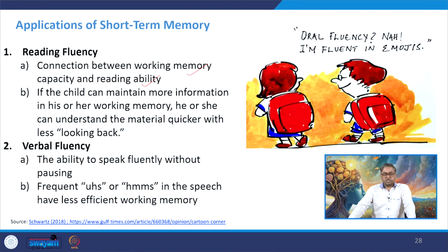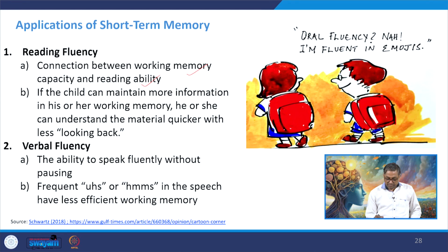Once this is flawless, once an individual has large working memory capacity, reading fluency becomes better and better. This can be enhanced with practice. The more an individual reads, the more information he can hold in his working memory. As a result, an individual can perform better and better.